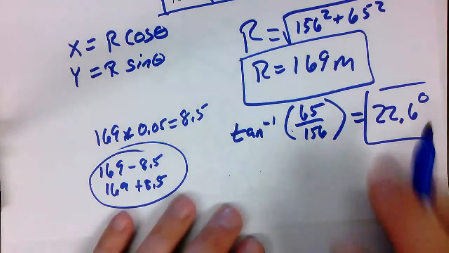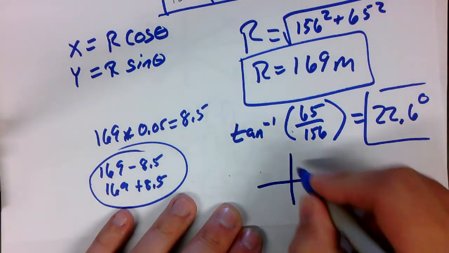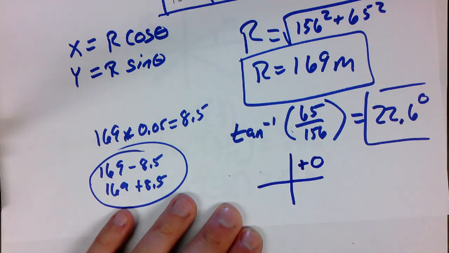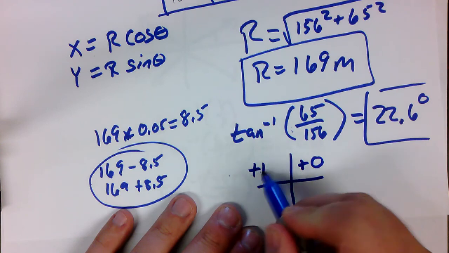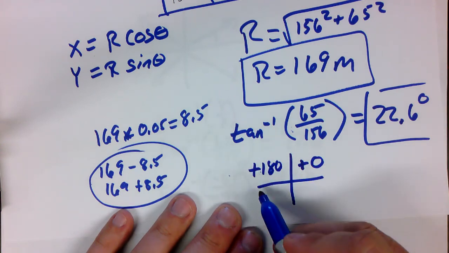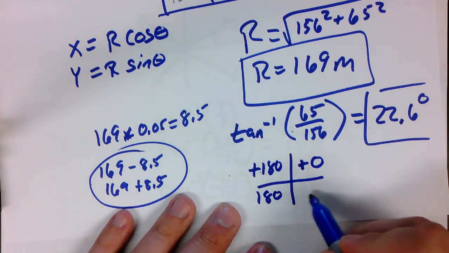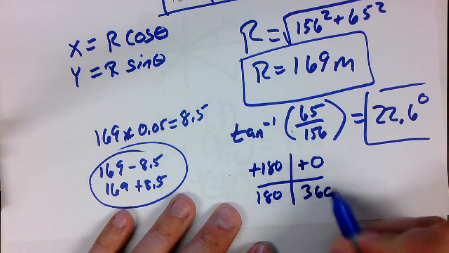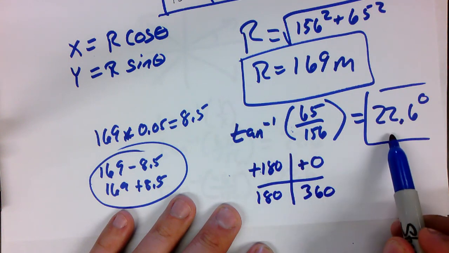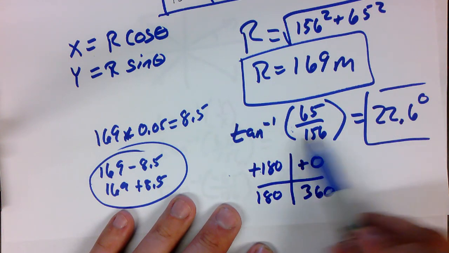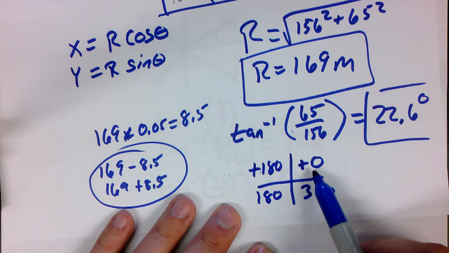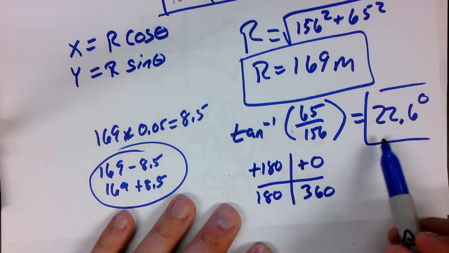If we are in the first quadrant, we add 0. If we are in the second quadrant, we add 180. If we're in the third quadrant, we add 180. If we're in the fourth quadrant, we add 360 to the reference angle, whatever value we got here. We were in the first quadrant here, so we are not adding anything other than 0, so the number's not changing.